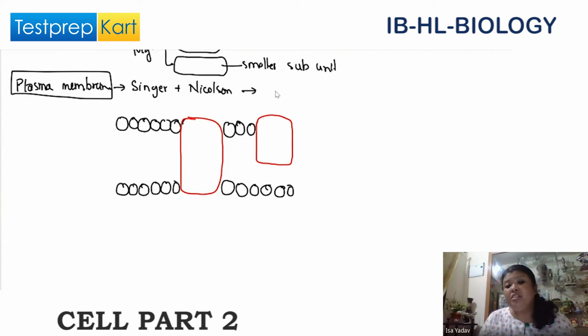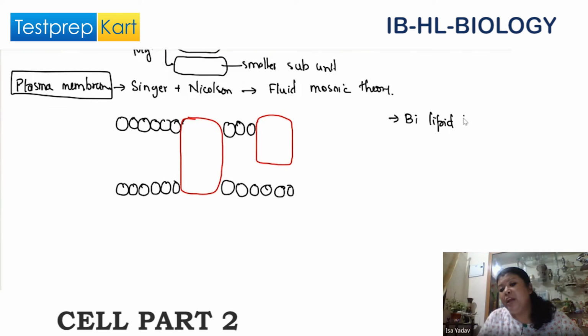They gave a theory called the fluid mosaic theory. According to that theory, we have to study the plasma membrane and see the different features. Our plasma membrane has a bilipid layer.